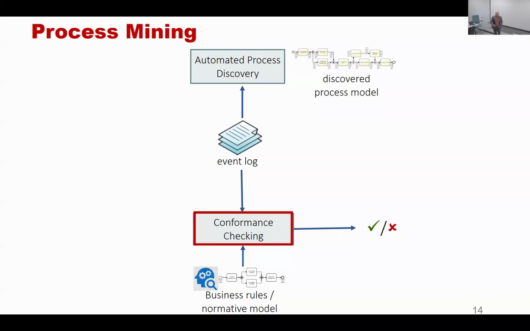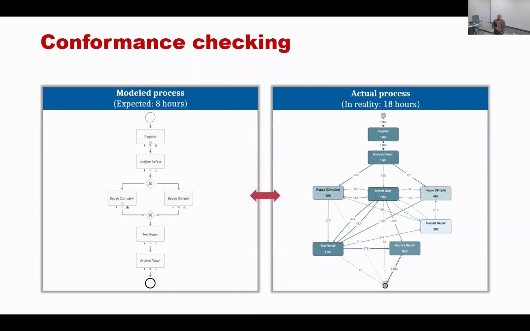Conformance checking techniques take as input an event log, like all other process mining techniques, so the event log at the center, and either a process model, but more often a set of business rules that should be fulfilled by the event log. For example, I could take a simple process model saying, this is how this process is supposed to be executed.